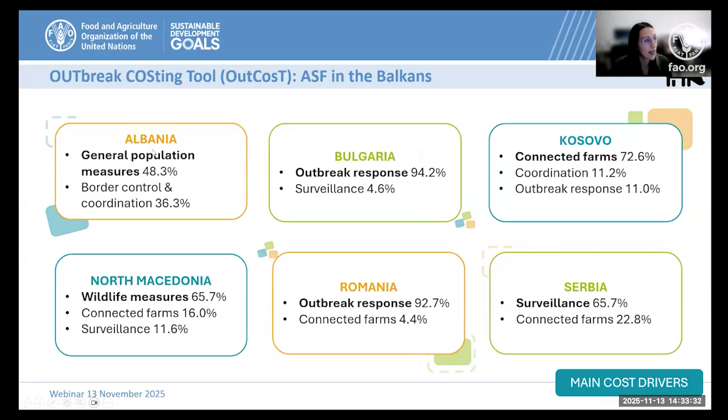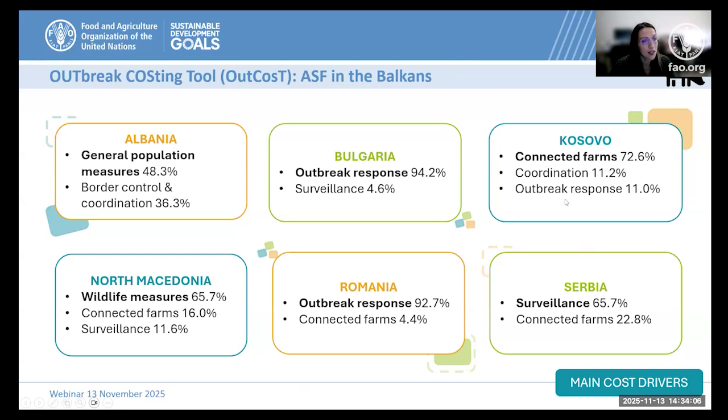For example, Albania had the resources allocated to measures that were applied in the general population and also in the border control and coordination. And that was very different to what happened in Bulgaria and Romania, for example, where you can see that almost all resources were allocated in the outbreak response, so the response to the outbreak in the affected farms.